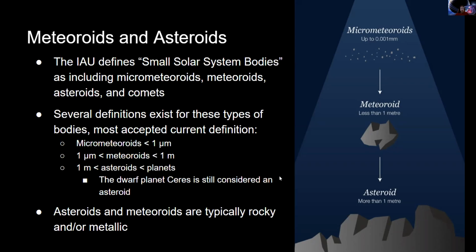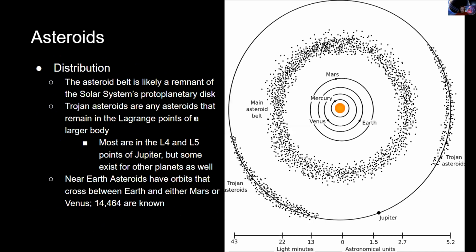And they're typically rocky or metallic, which is kind of what differentiates them from comets, which we'll talk about in a second. But within the solar system, asteroids are mostly inner solar system objects. There's obviously the main asteroid belt, which is between Mars and Jupiter. That's where most of the asteroids are. That's where Ceres is.